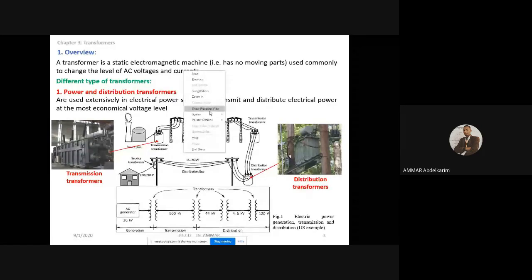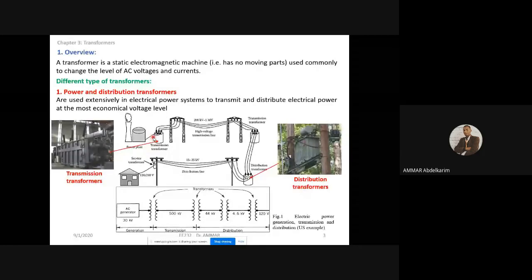I showed you before, in our first session, a picture like this, showing the different phases of how electric energy is transmitted from the generation to the consumers. Here we see a power plant where the generation is done. At the output of the generator, we have to raise the level of the voltage.